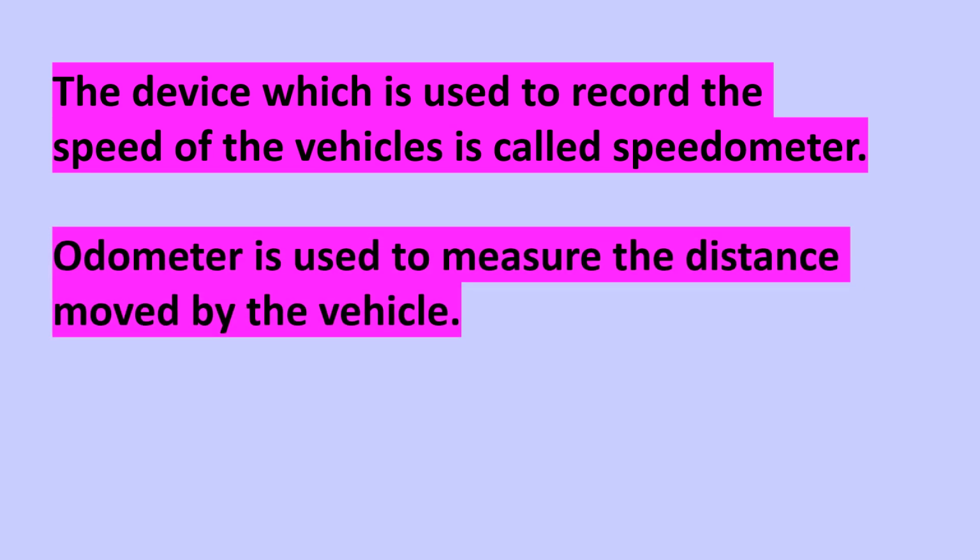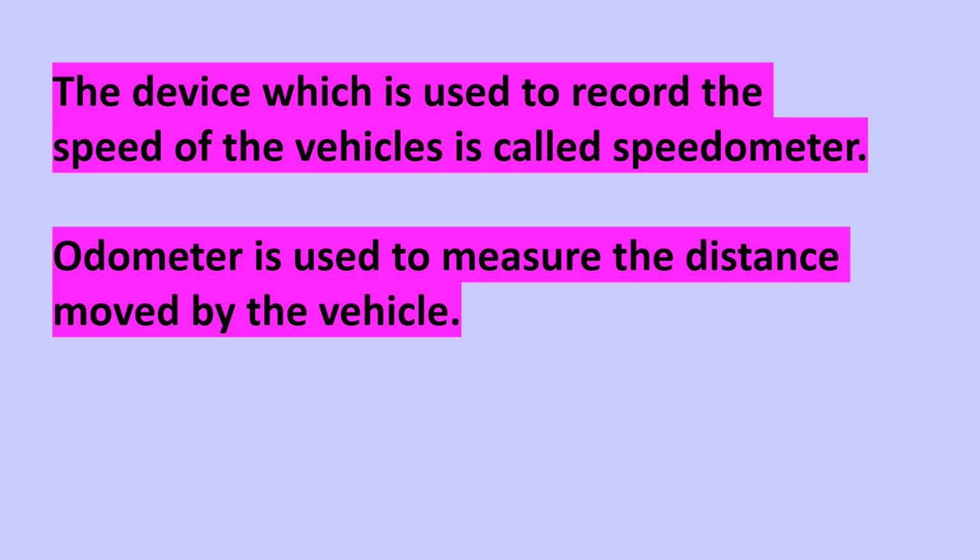Then we have odometer. Odometer is used to measure the distance moved by the vehicle. So both of these devices are in your car or scooter. You can see in the scooter also, bike also. These are there in the vehicle to measure. The one is used to record the speed of the vehicle and it is called speedometer.